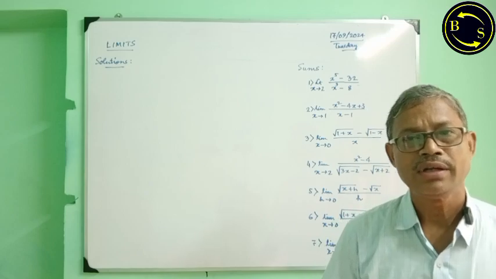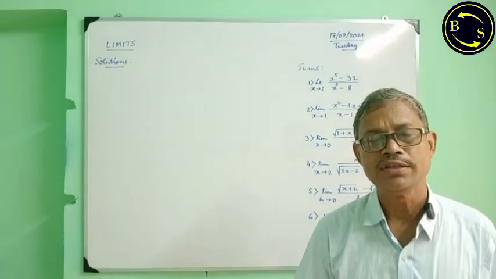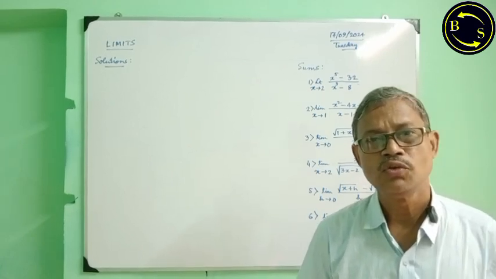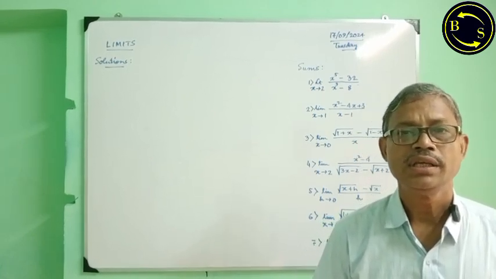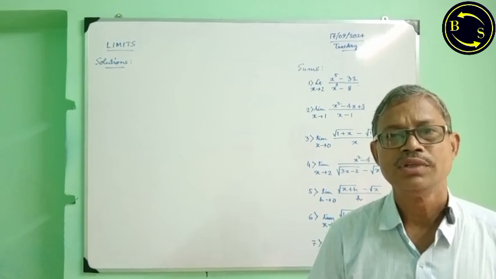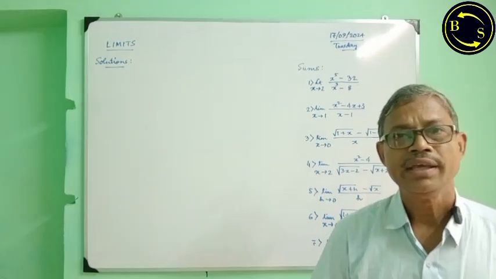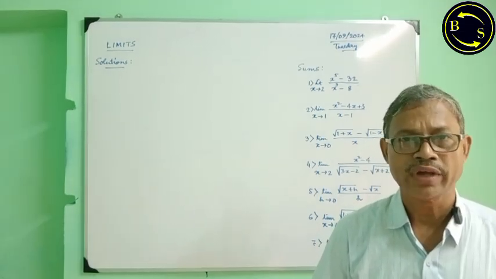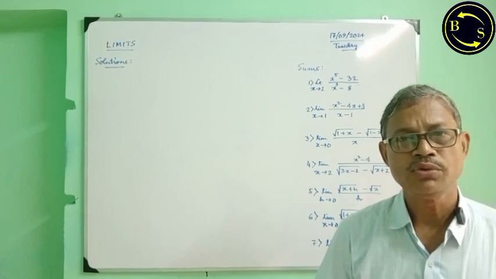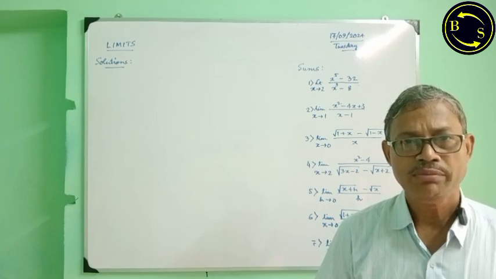Now, if we see that either numerator or denominator, especially the denominator, vanishes, then the step to be followed is: we first resolve into factors both the numerator and denominator and cancel the common factor. Generally, x minus a will be the common factor as x tends to a. Actually, if we put x equal to a at the numerator and denominator, we will find that both will be 0.